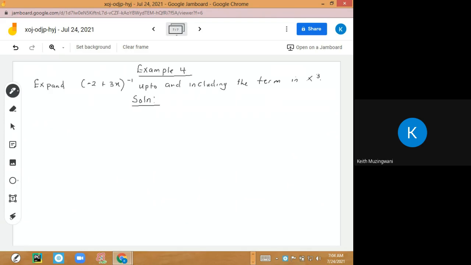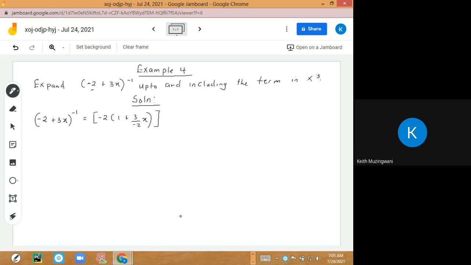You know that it's easier working with a 1 there. So your target is to get rid of this negative 2 in that position. So you say, okay, if I go inside the brackets, I factor out a negative 2, I'll have 1 here plus 3 over negative 2x close.